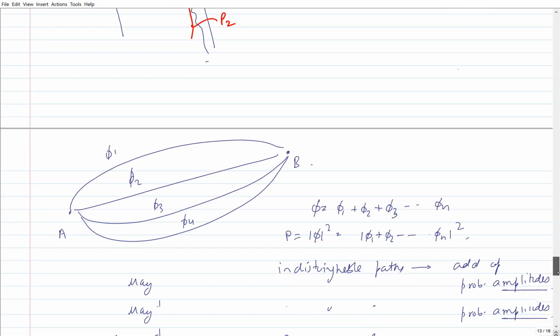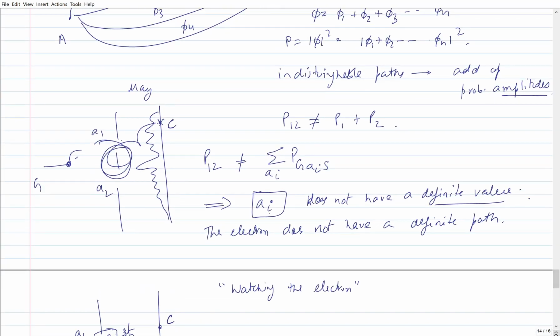So now where are we? Initially, when we were not observing the electrons, we came to the conclusion that we have an interference pattern, and hence I should conclude that the electron doesn't have a definite value of AI. That means not only do I not know which slit the electron passed through, that value does not even exist.